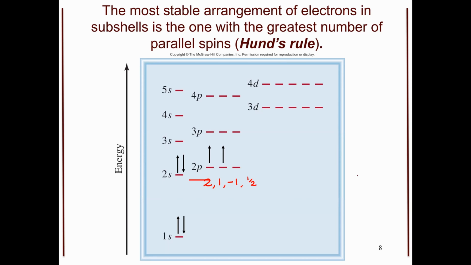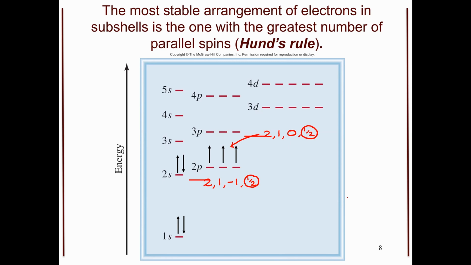So now if I add this electron, it is going to have a difference not in the 4th quantum number, but this is going to now be 2, 1, 0, 1/2. So this means that I have changed orbitals, but I have the same parallel spin. Notice that I have 1/2 here and 1/2 here. So now we know that they are parallel to each other.